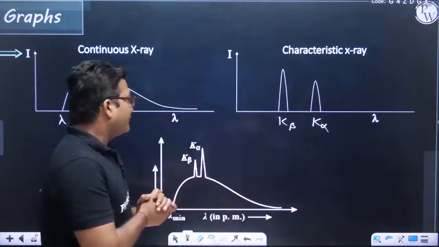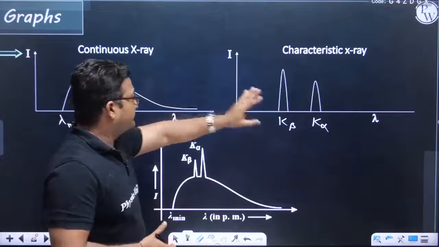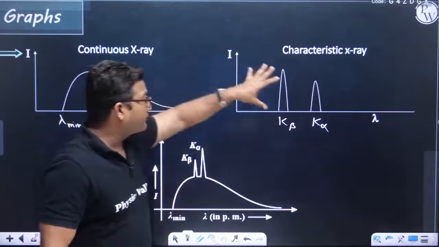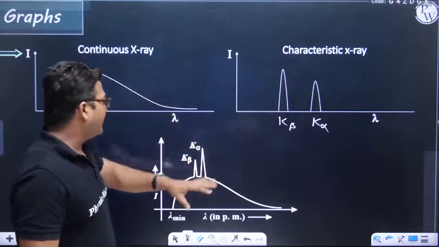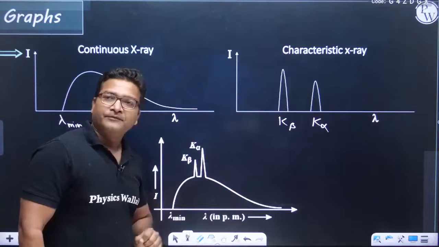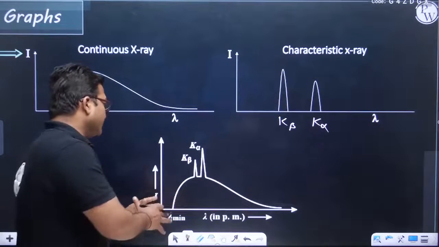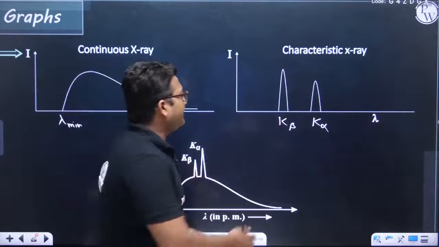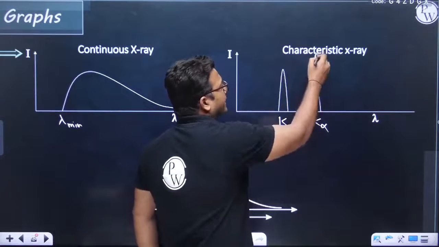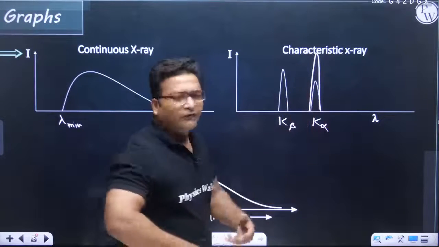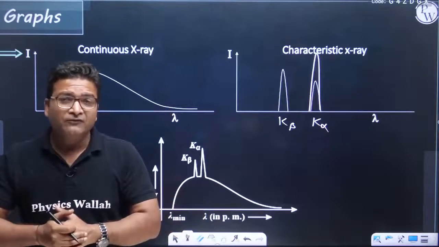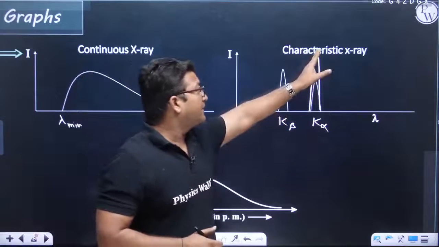So if we superimpose continuous X-ray and characteristic X-ray, we actually get this kind of a spectrum. Here we are showing K alpha and K beta both. Actually, the peak of K alpha is larger than K beta. You must be wondering why, because the energy of K beta X-rays is large. But why is the peak of K alpha large?